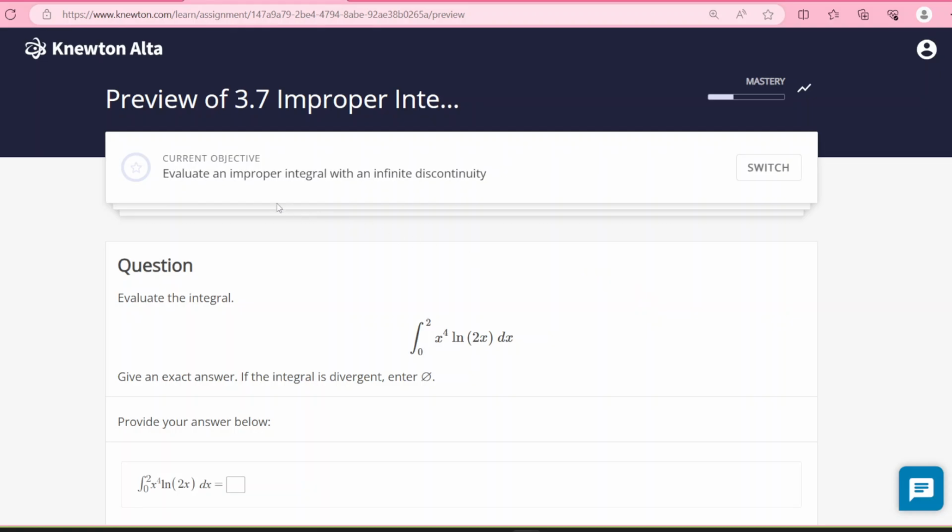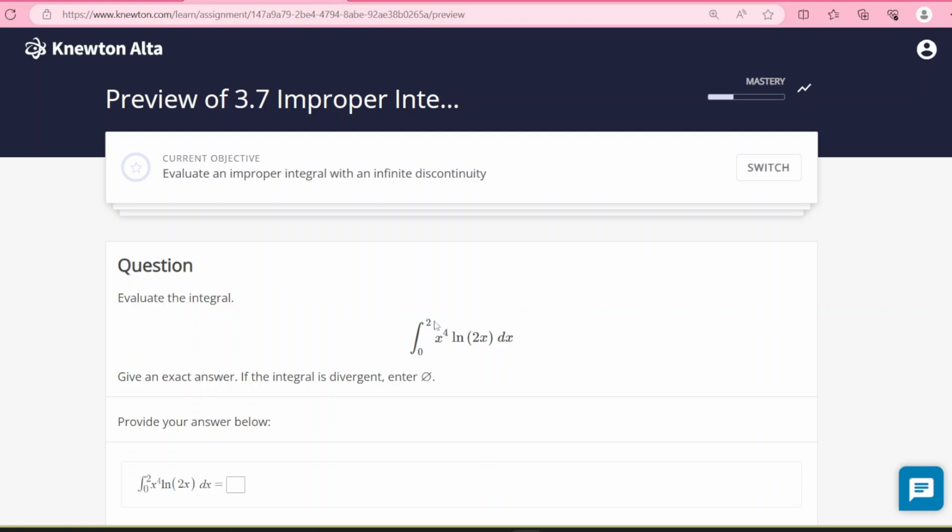Okay, so now we're asked to evaluate an improper integral with an infinite discontinuity, or a discontinuity over the interval of integration. All right, so we're integrating now, instead of over an infinite interval, like from 0 to infinity or negative infinity to 2, it's over a finite interval, right? So from 0 to 2.